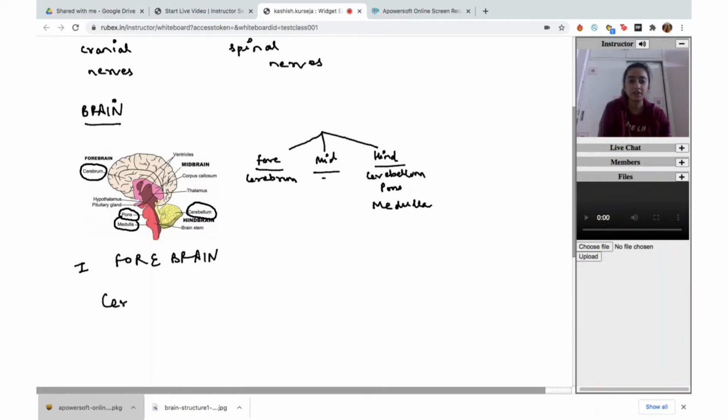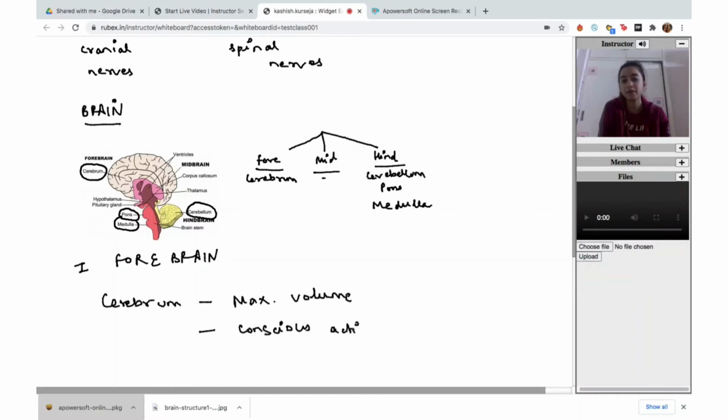Most important thing to be covered inside this is the cerebrum. Cerebrum is the main, the largest part of your brain. It forms the maximum volume, that is, the maximum part is covered by cerebrum, and it is associated with all of the conscious efforts or conscious actions.